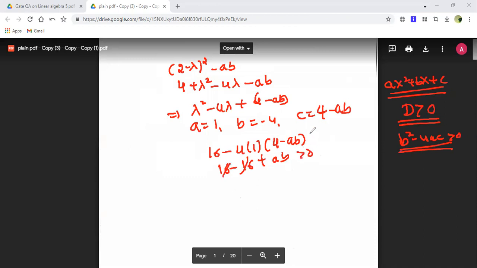This has to be greater than 0 for the roots to be real and distinct. So ab is greater than 0. Now what condition we have to choose out of the given options is the next important thing. So let's keep ab greater than 0 in mind, and now we will see the options of this question.